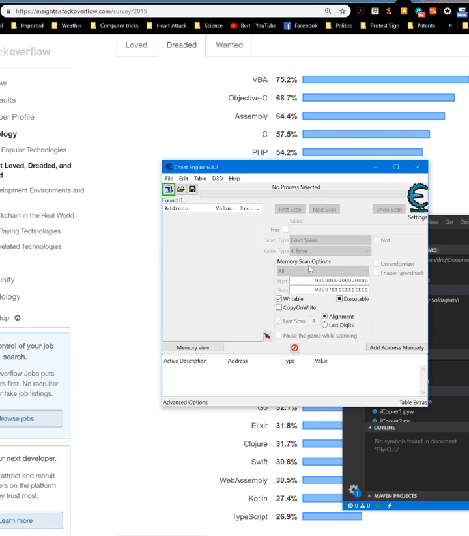But anyway, this is actually a pretty useful tool. It's Cheat Engine. It's designed so you can make your own cheat codes in video games or your own trainers and stuff. But actually, it's a really powerful little assembly language tool if you want to go probing around, running programs and seeing what they do.